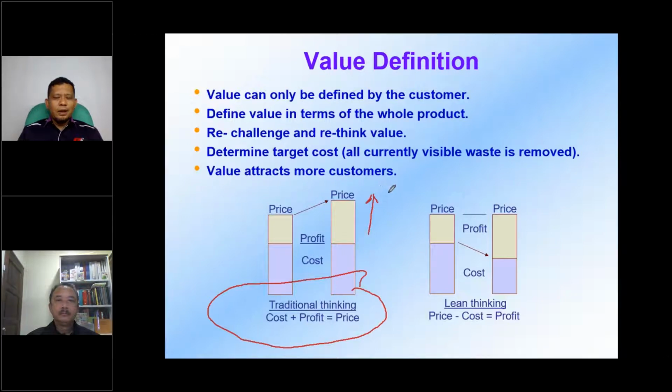Let's say suddenly your customer finds another competitor with the same good quality and the same good services but at a lower price; maybe they will go to the next competitor. So the best is if we can maintain the price but try to minimize our cost through a lean thinking concept.